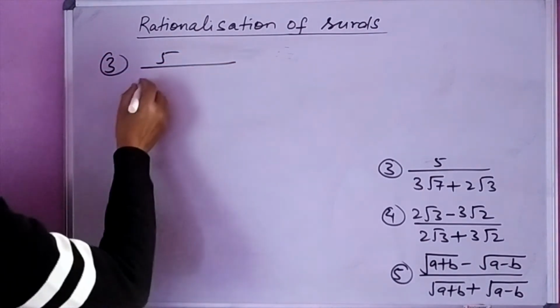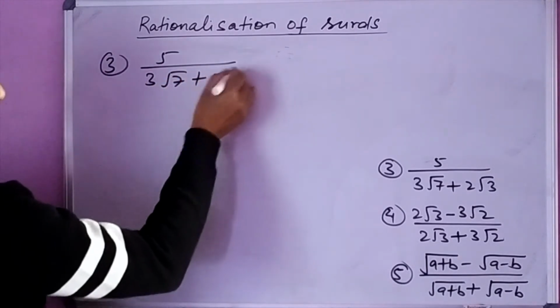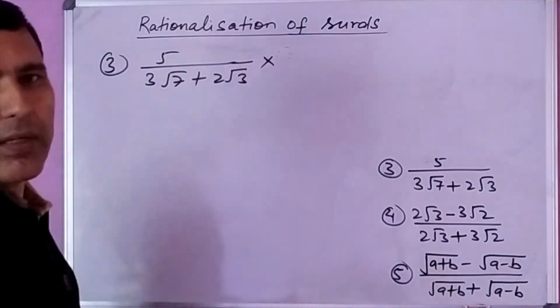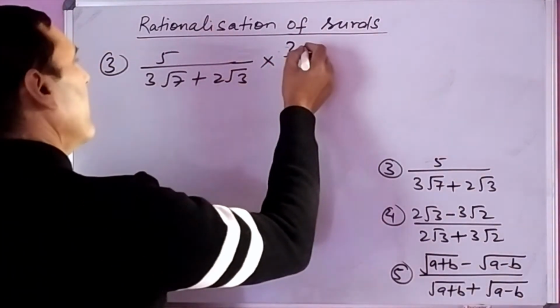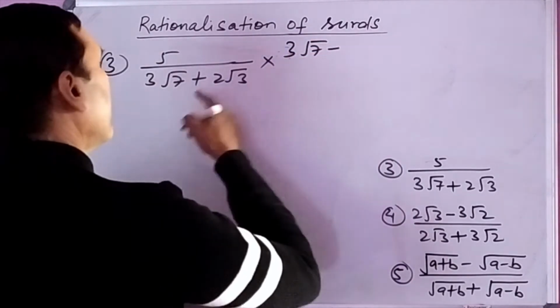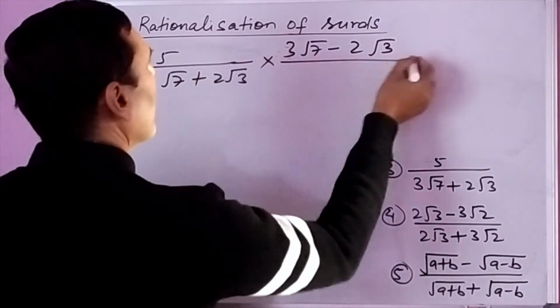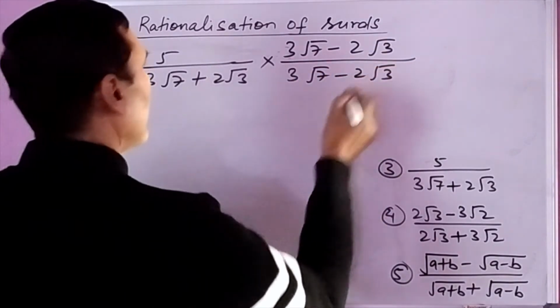So 5 upon (3 square root of 7 plus 2 square root of 3). Here also you multiply both numerator and denominator with the conjugate of the denominator: (3 square root of 7 minus 2 square root of 3) upon (3 square root of 7 minus 2 square root of 3).